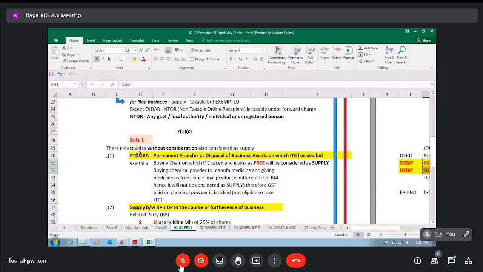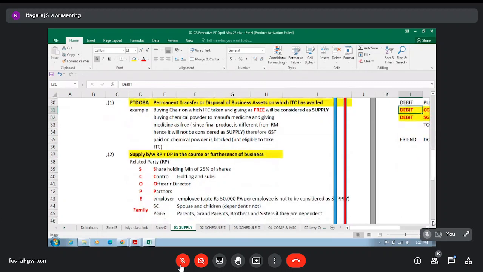Now I am coming to this PTDOTA. PTDOTA means the first letters of these things. P means permanent transfer or disposal of business assets. Here I have given some examples also. Okay, I showed one example which is different from this.